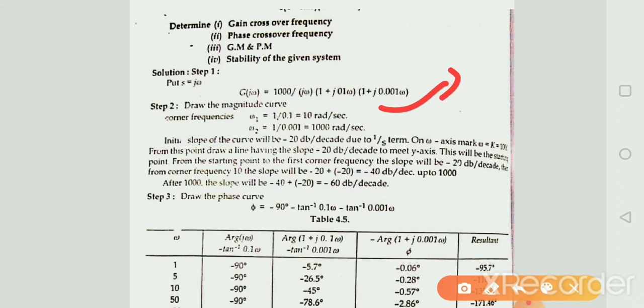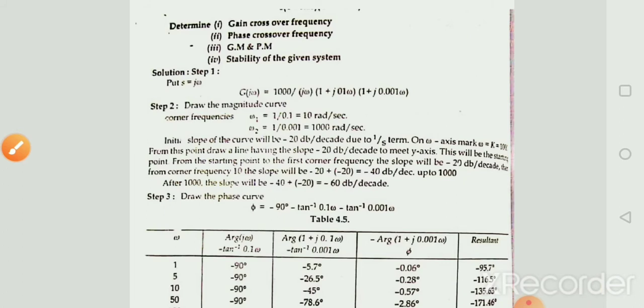Here omega 1 is 1 over 0.1, so it is 10 radian per second, and for the other it is 1 over 0.001, which means 1000 radian per second.